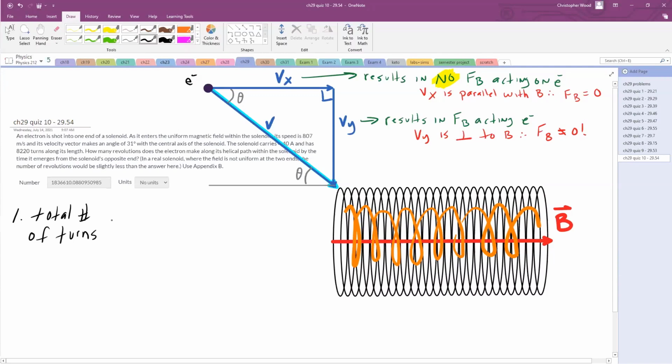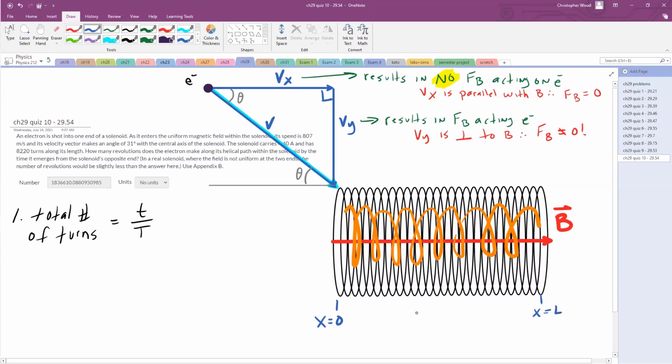Total number of turns is the amount of time it takes to go through the solenoid divided by the amount of time it takes to complete one cycle. So let me write this down here. Let's say this is x equals 0, and this is x equals L, the length of the solenoid.